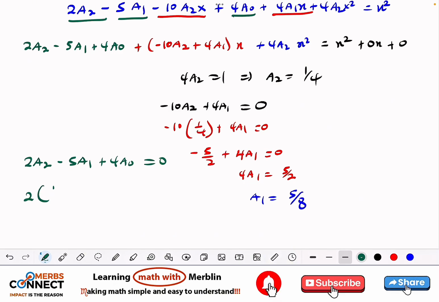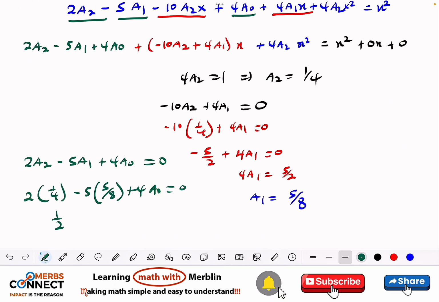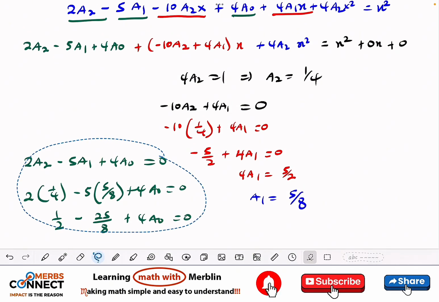So a2 is 1 over 4, a1 is 5 over 8. So this is 1 over 2 minus 25 divided by 8 plus 4a0, which is equal to 0. Then guess what we can get from here?